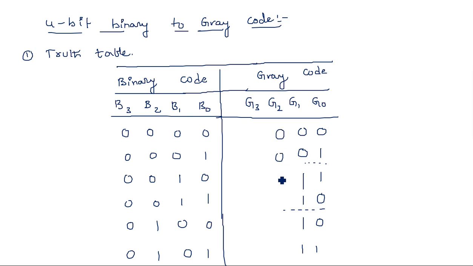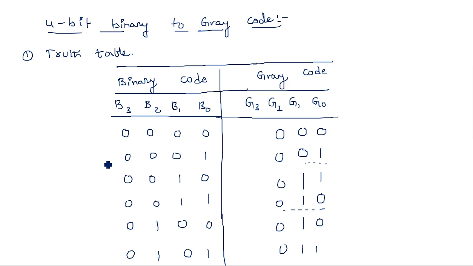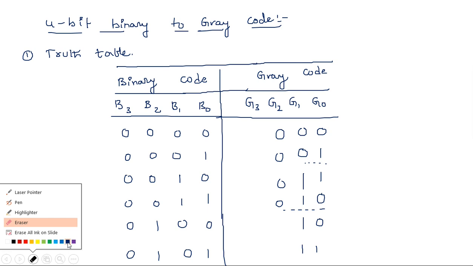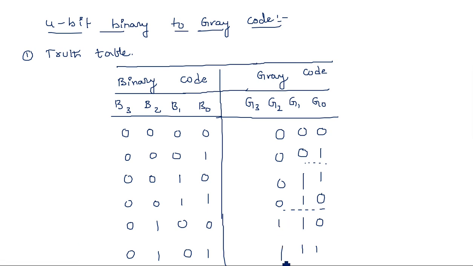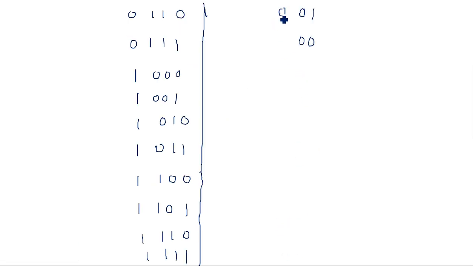Again take a mirror image. Append zeros for the first 4 and append ones for the remaining 4. It is 1, it is 1.